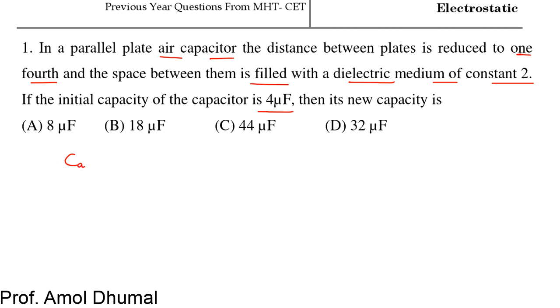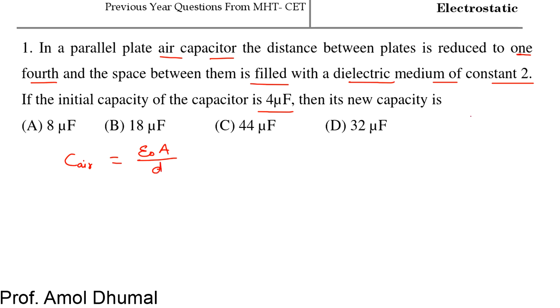First, the capacity of an air capacitor is given as epsilon 0 A upon D. Here A is the area of the plate, epsilon 0 is the permittivity of air and D is the distance between the parallel plates.